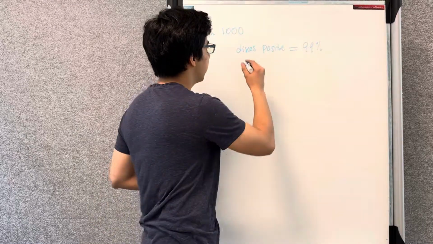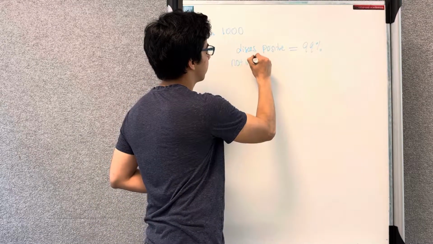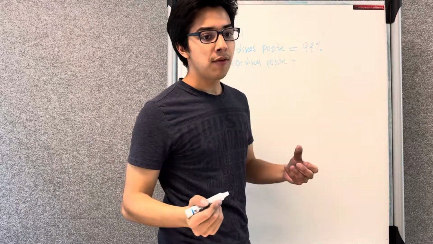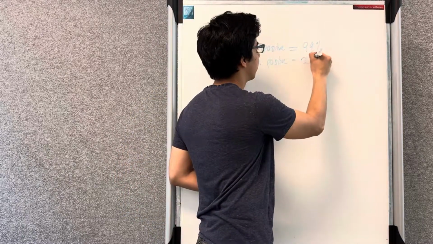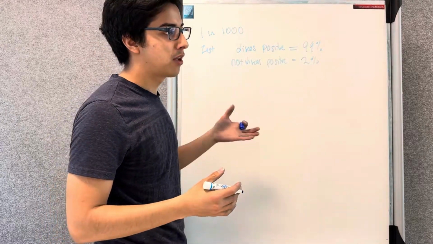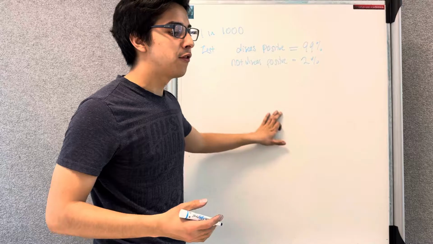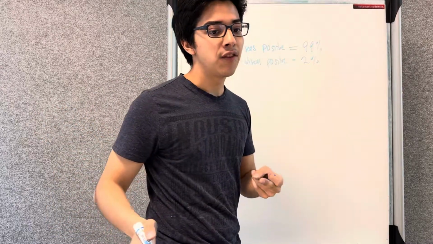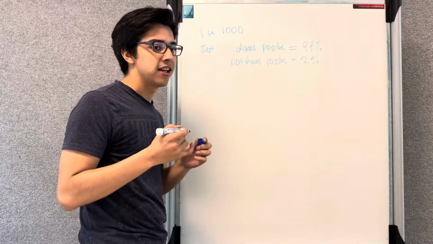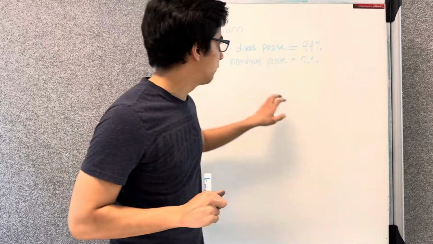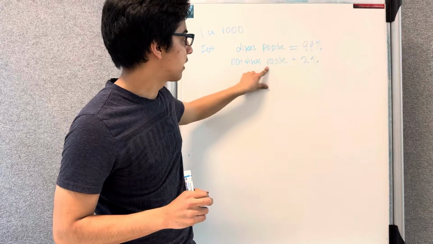Now, if you do not have the disease and the test gives positive, this is equal to 2%, because this also has some kind of uncertainty.